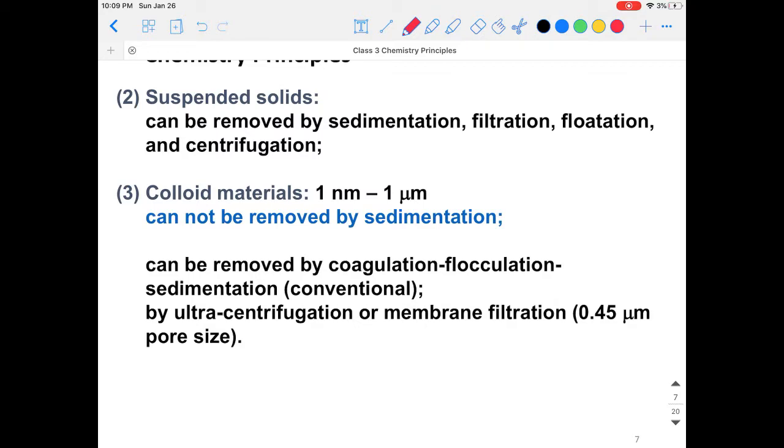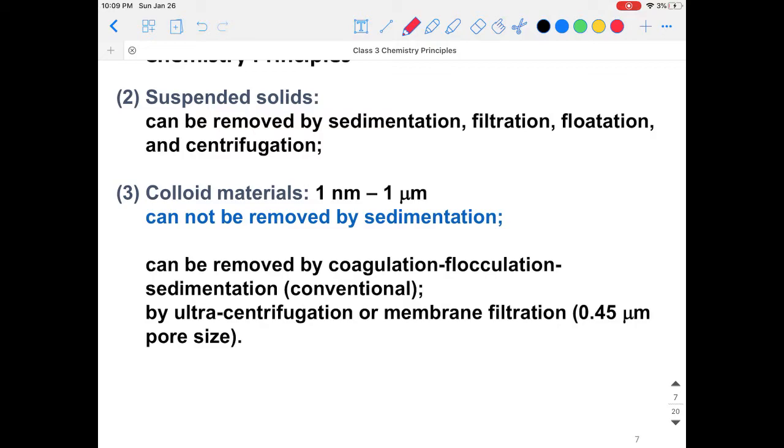And we can also use the centrifugation, because if we create a rotational movement, then these larger solids will need a larger centrifugal force to sustain their rotation. If they don't have that extra centrifugal force, they can basically get removed from the water or from the liquid phase.